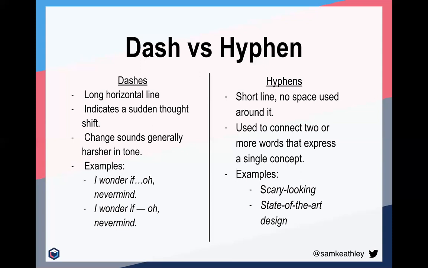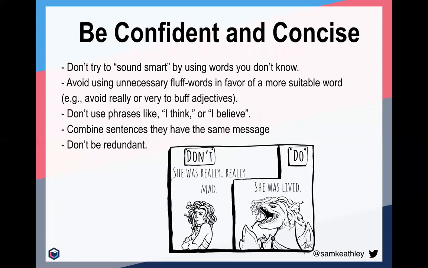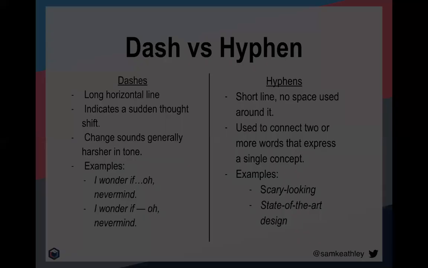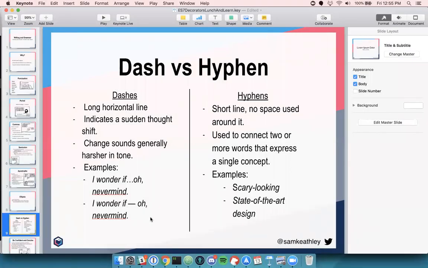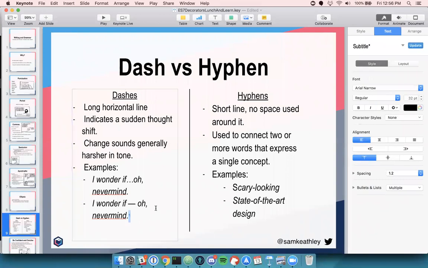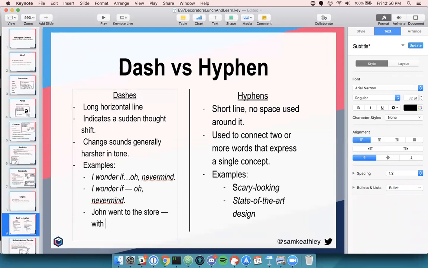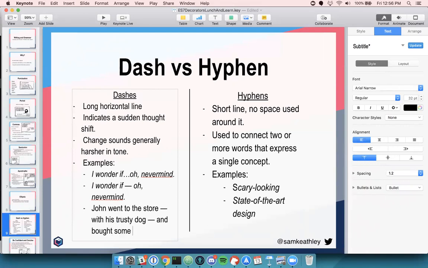Like in an example, I should have had a way to write examples. Let me see. So I'll just write one in here. If you're saying, John went to the store, with his trusty dog, and bought some candy.